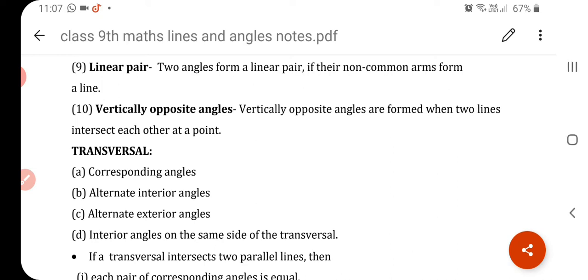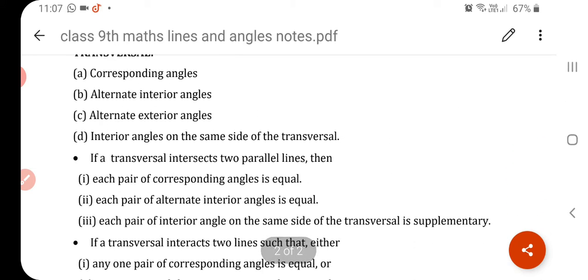If a transversal intersects two parallel lines, then each pair of corresponding angles is equal. Each pair of alternate interior angles is equal. Each pair of interior angles on the same side of a transversal is supplementary. Understand? These three you have to remember.